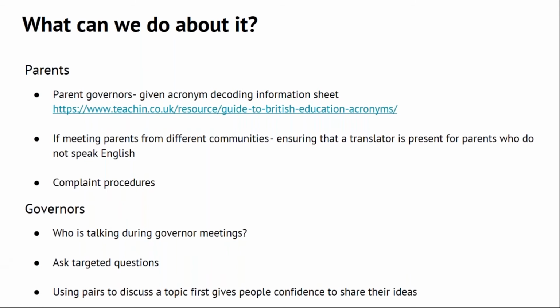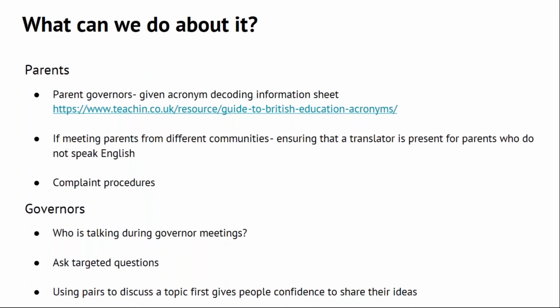And then finally looking at how, specifically to do with language, how can we make language inclusive for parents? So looking at parent governors to start with, often in education we love acronyms. There's acronyms for everything, and I'm very guilty of it myself, but that can be quite overwhelming for parent governors and for new governors.